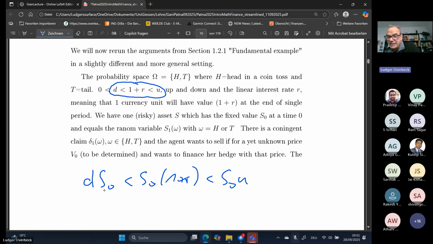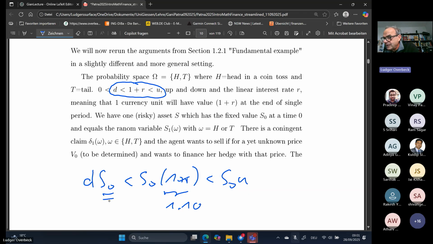If you invest S0, let's say that's 1.10. Let's say you have 10% interest to make it easy. If you just invest €1, not in the asset but in a bond, you will make 1.10. So if you know that D happens, you would never invest in a risky one.